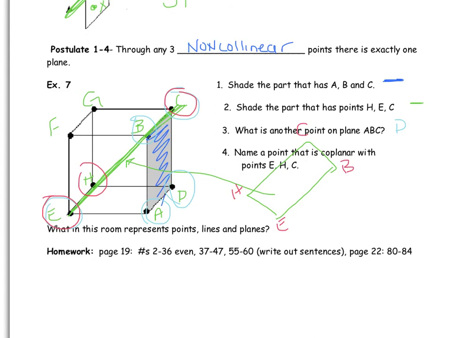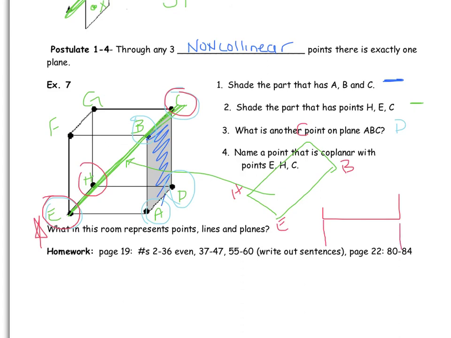Now this question will be on a test. It'll probably be like an essay. What in your room, wherever you're at, represents points, lines, and planes? My best idea is where your ceiling and your wall meet. There's your ceiling, there's your wall.